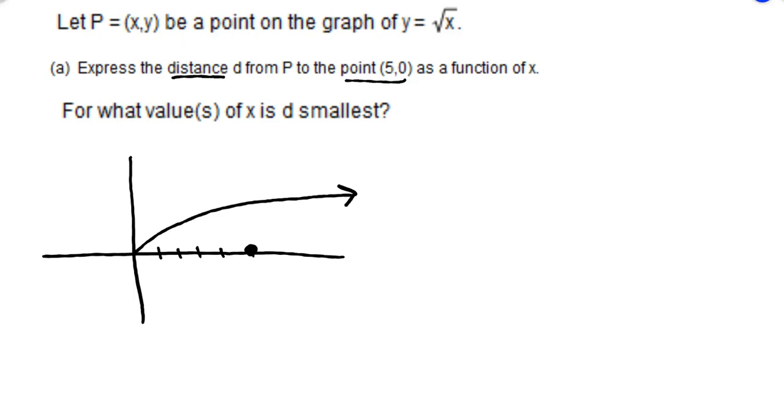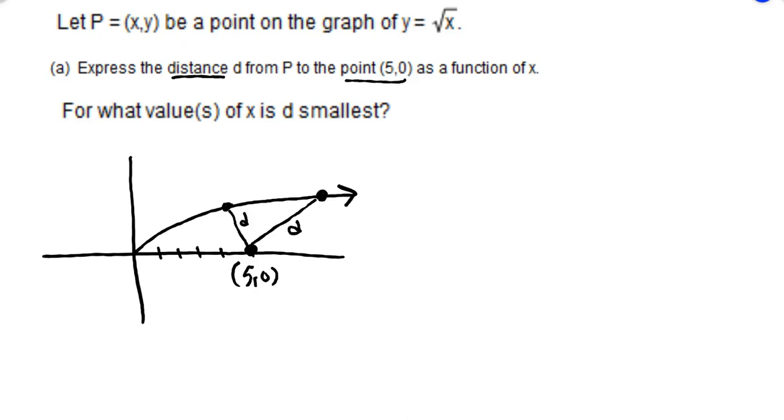And we want to create a function that measures the distance from this point (5, 0) to any point on this curve. So that point could be here, and the distance between those 2 points would be this, or that point could be here, and we have the distance between those points here.